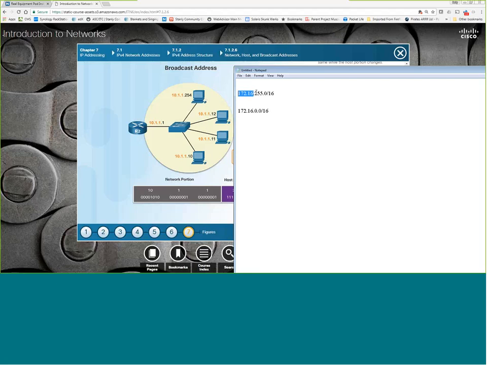If you set all the host bits to zeros, you get your network ID. If you set all your host bits to ones, what would that be? 172.16.255.255. So there's your broadcast ID.